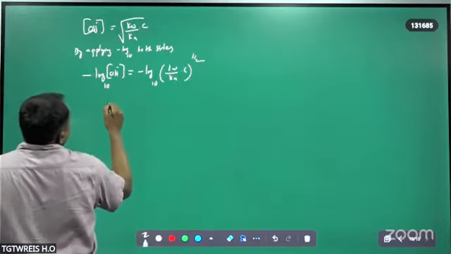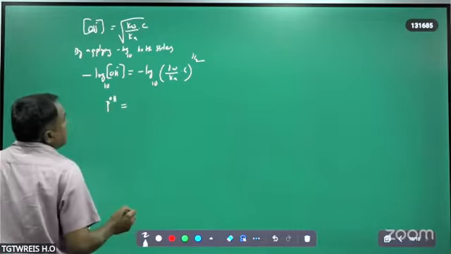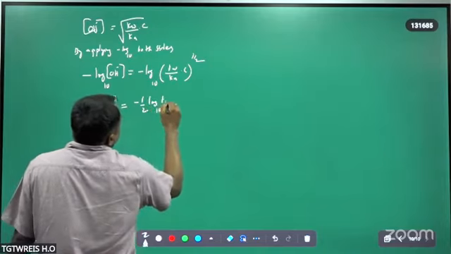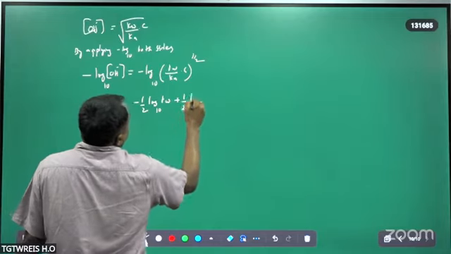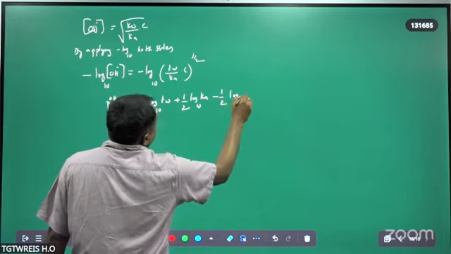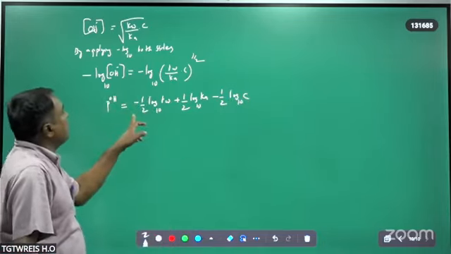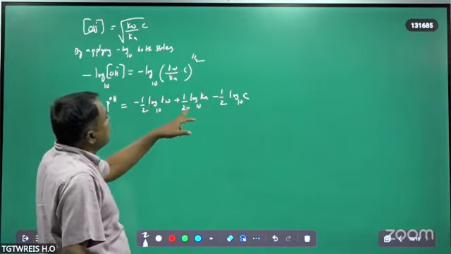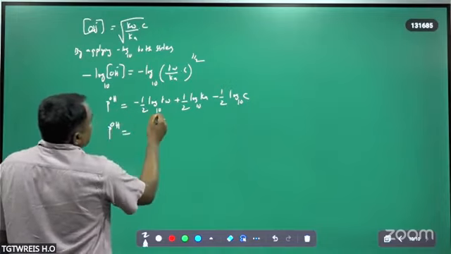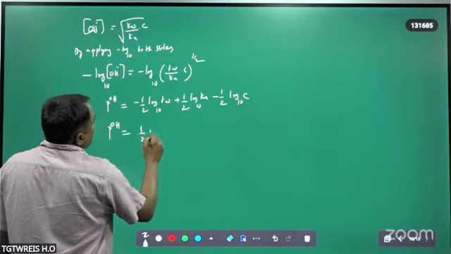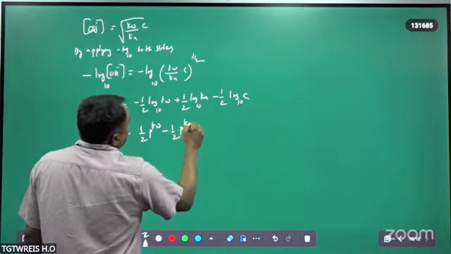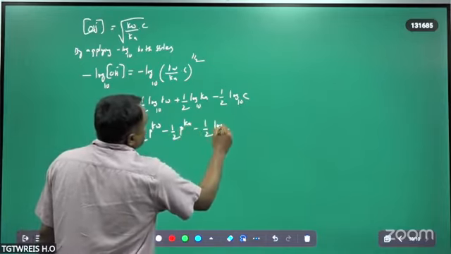Expanding this, it is minus 1 by 2 log Kw plus 1 by 2 log Ka minus 1 by 2 log C. So pOH is equal to 1 by 2 pKw minus 1 by 2 pKa minus 1 by 2 log C.